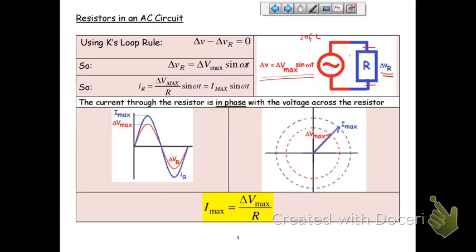I can plot a graph using an oscilloscope against time, with current in blue and my instantaneous voltage in red. When you get no voltage, you get no current, so both of them start off at the zero line. When I get maximum positive going voltage, I get maximum positive going current. When I get no current, I get no voltage. When I get maximum negative going current, I get maximum negative going voltage. They're in phase with each other.